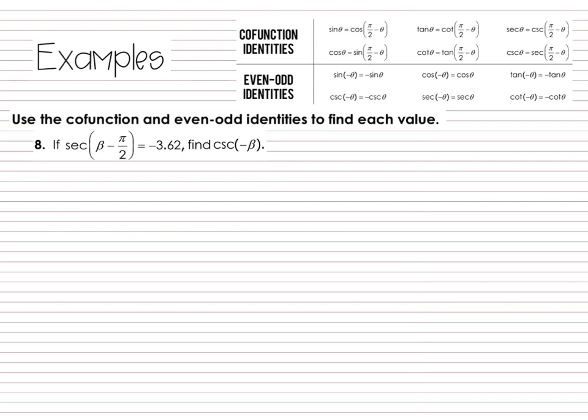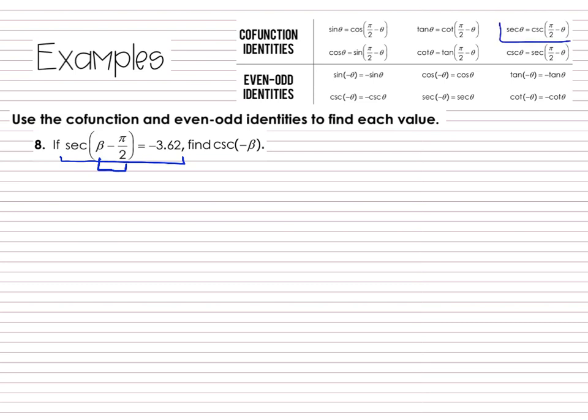The last example for this video is number 8, and it says that if the secant of beta minus pi over 2 is equal to -3.62, find the cosecant of negative beta. So again, if we start looking with our cofunction identity right here, you'll notice that the angle and the pi over 2 are switched from the actual identity.